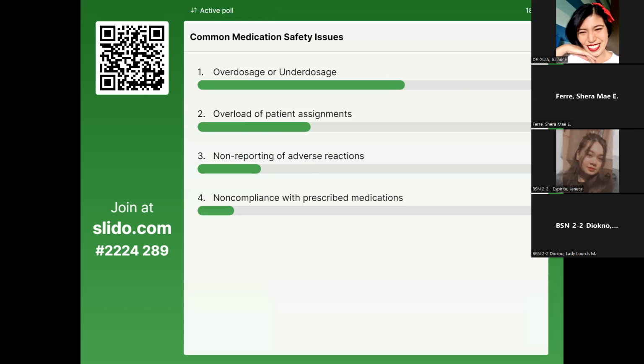Well, not to the point that she was hospitalized, but she experienced the negative side effects of overdosing on the medication. So I thought that this is one of the issues in our country and also around the world.